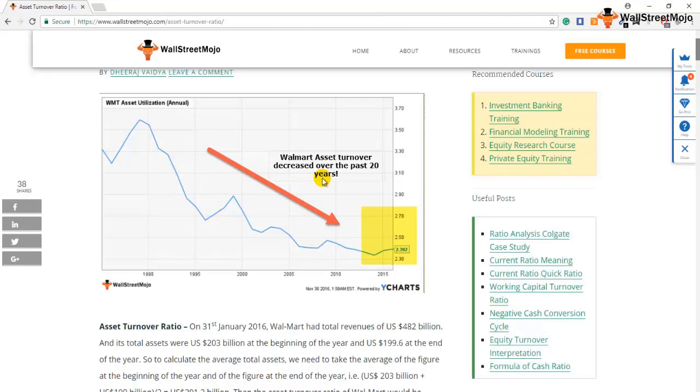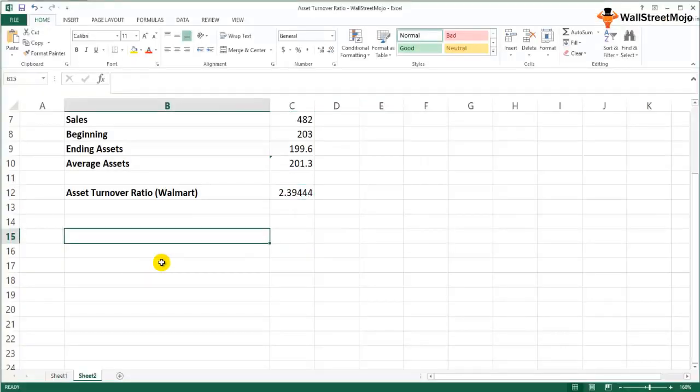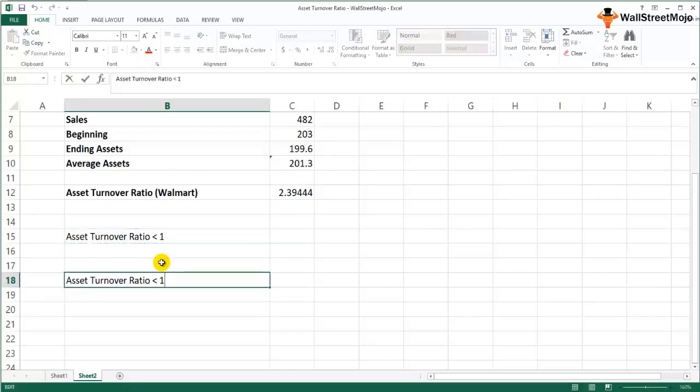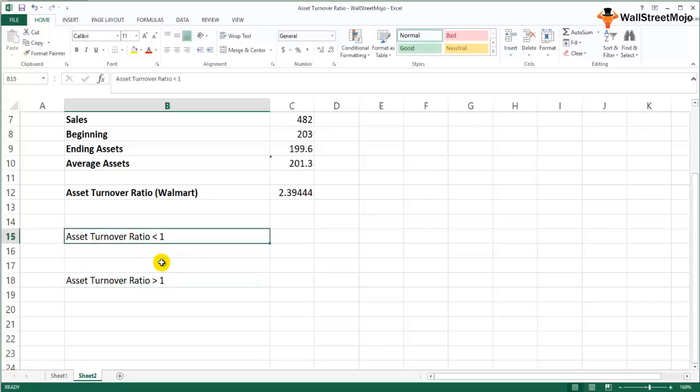Now there are two situations which can happen when we calculate this ratio. The asset turnover ratio can be less than 1, or it can turn out to be greater than 1. What are the implications or interpretations of such a situation?